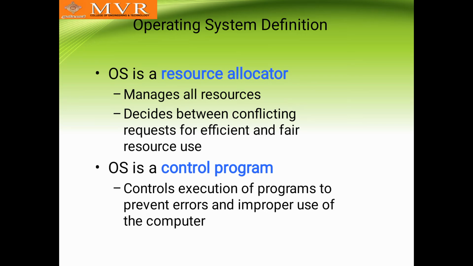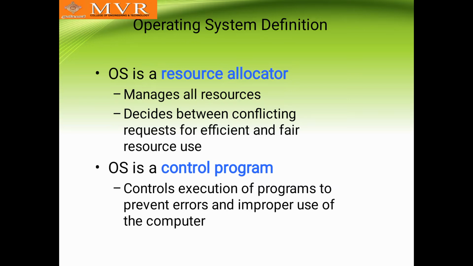Operating system definition: as I said in earlier classes, the operating system is an interface between computer hardware and computer user. It acts as an intermediary by two roles: resource allocator and control program.